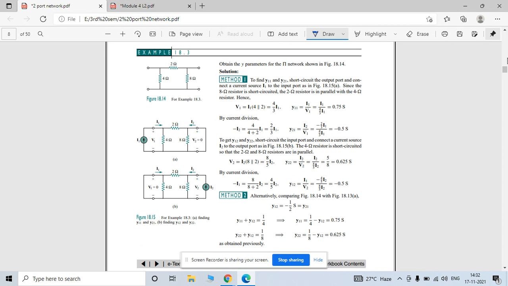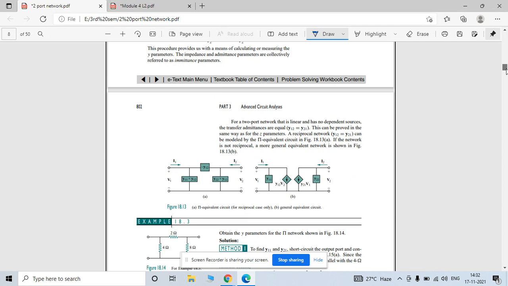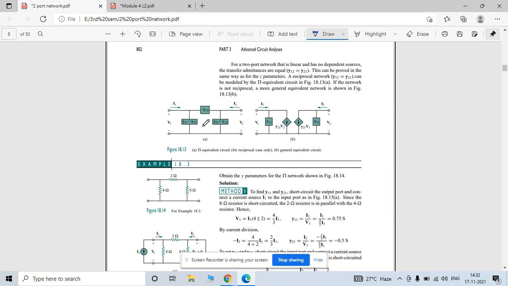Now see the equivalent circuit for this y parameter, which is just like that. This is a pi network. I already explained, this is a T network, and this is your pi network. Generally in case of admittance, the pi network is the standard form.